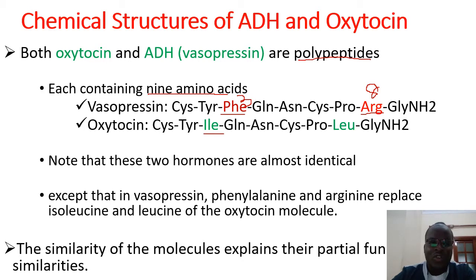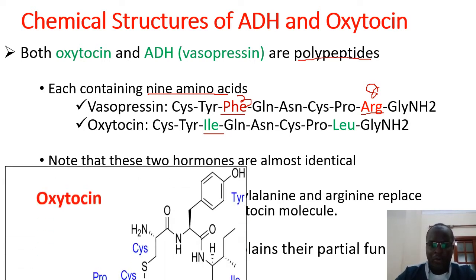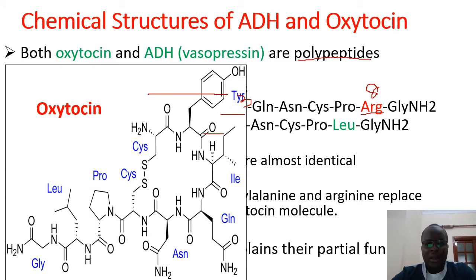So vasopressin will bind to different receptors, and oxytocin will also bind to different receptors. The similarity of the molecules explains their partial functional similarities. They are similar in structure. I hope you get that. Okay, so you can see in this diagram, this is oxytocin.